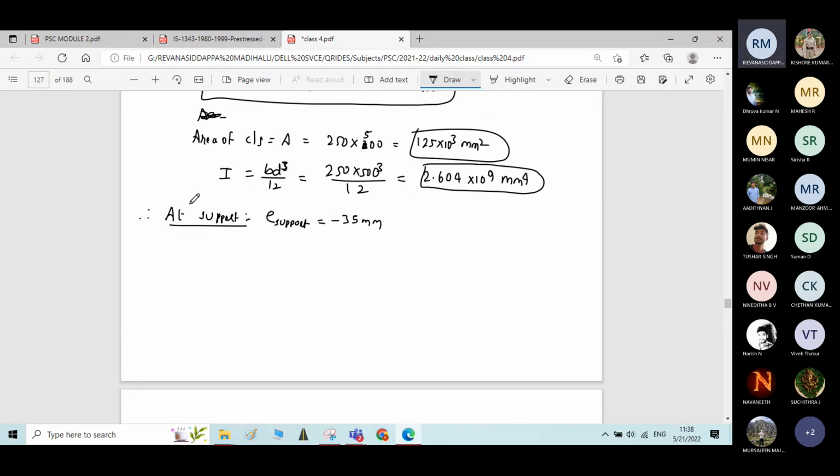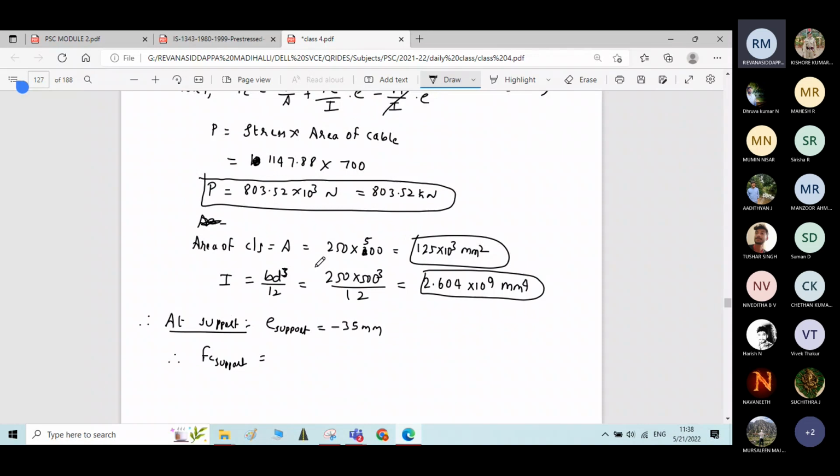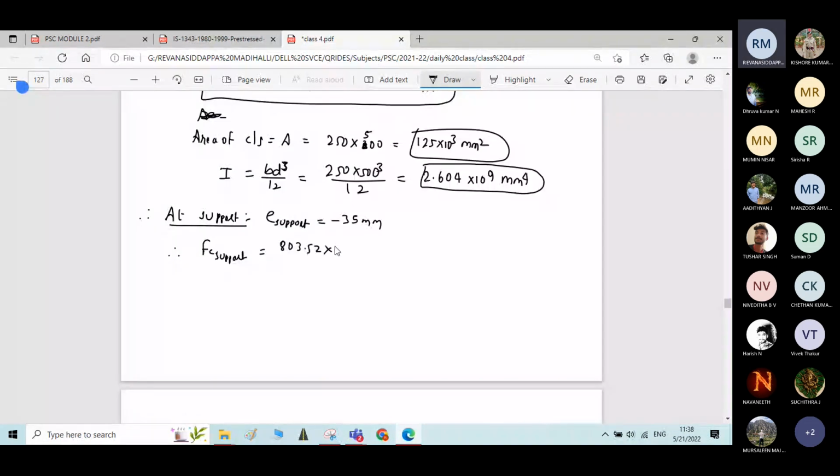Now I can calculate Fc support. Therefore Fc support is P by A. P is 803.52 into 10 power 3 divided by area of cross section 125 into 10 power 3, plus Pe by I into e: 803.52 into 10 power 3 into e, where e at support is minus 35, divided by I, which is 2.604 into 10 power 9, into minus 35.